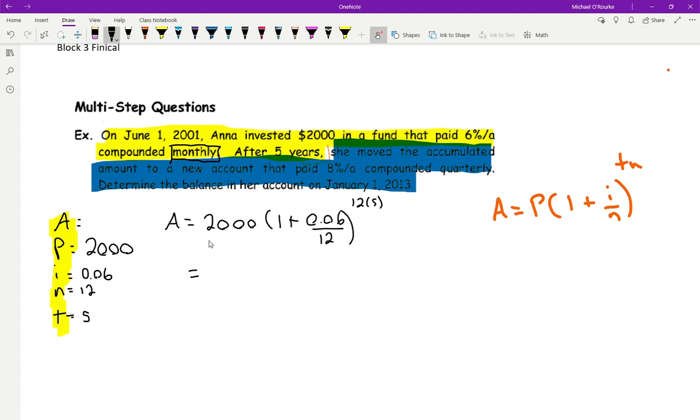Has anyone been able to get the answer yet? What did I do wrong?